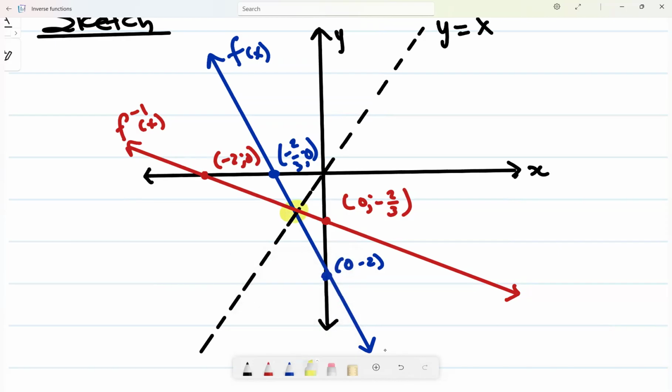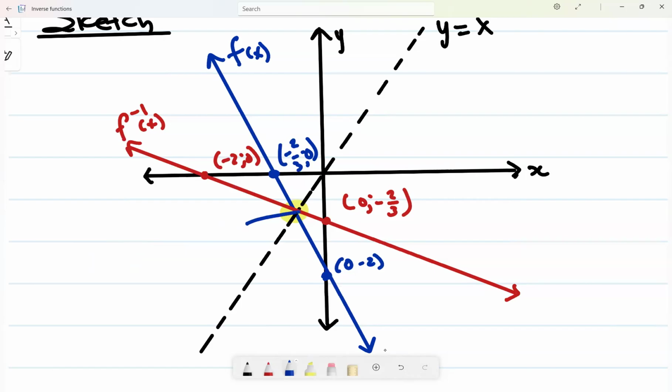That point where they meet is a point where y is exactly equal to x. What do we mean by that? We mean that at this point, on the yellow shaded part, whatever coordinates we have there are the same. It means if x is equal to -1, then y is also -1 at that specific point.